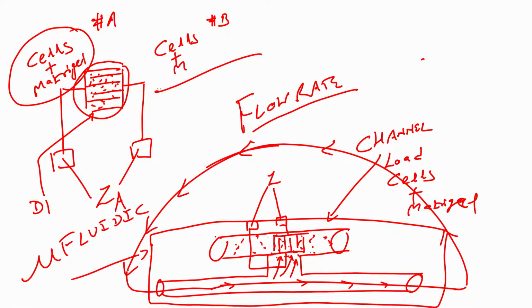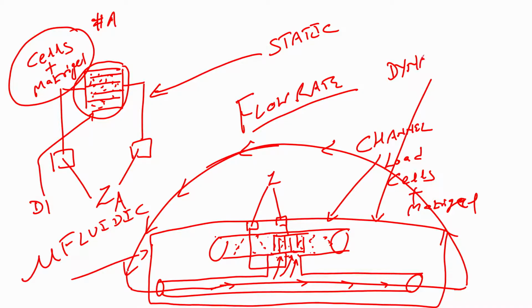This is my static platform, this is my dynamic platform. You got it. Here I can see the change in impedance when there is a drug killing the cells. In the static platform also I can see the change in the impedance when the drug is effective.